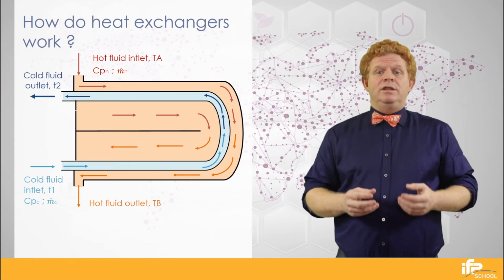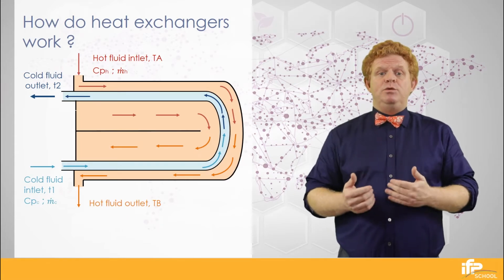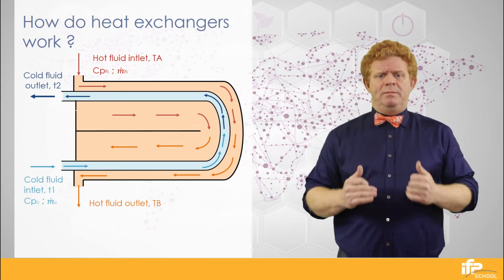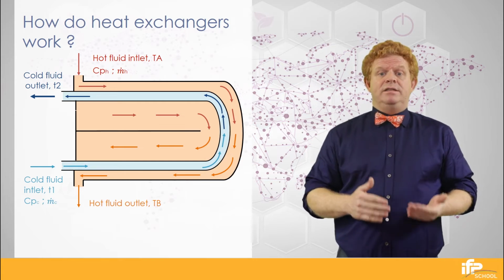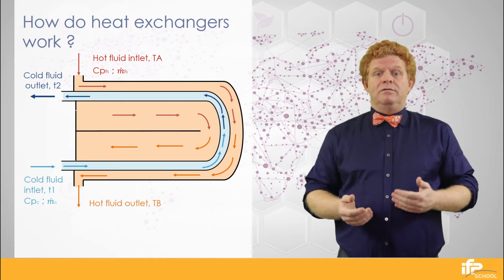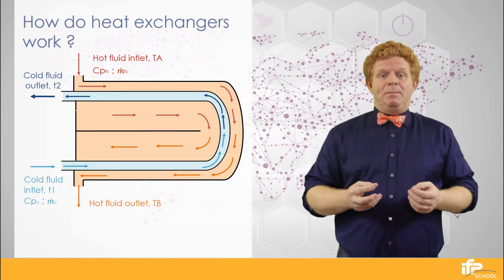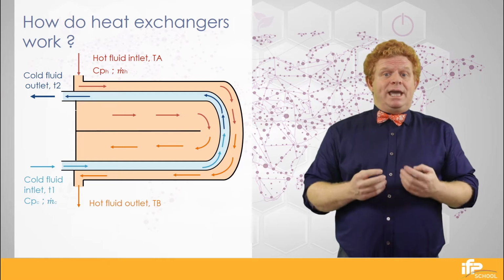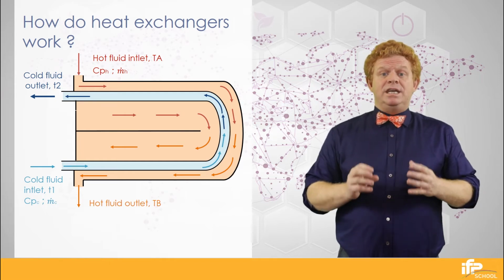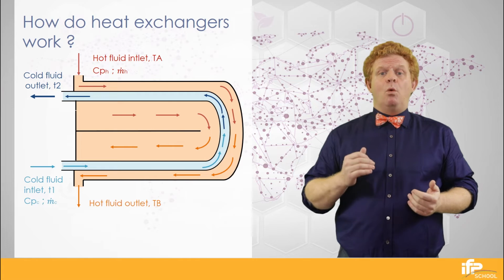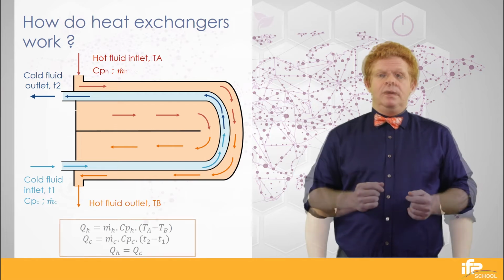It's easy to calculate the quantity of heat exchanged between two streams. Let's focus on the cold fluid. We have to know several parameters: the inlet and outlet temperatures, the flow rate of the fluid here designated by MC, and finally, its heat capacity, CP. The heat capacity is the amount of heat in kilocalories needed to raise the temperature by 1 degree Celsius for 1 kilogram of fluid.